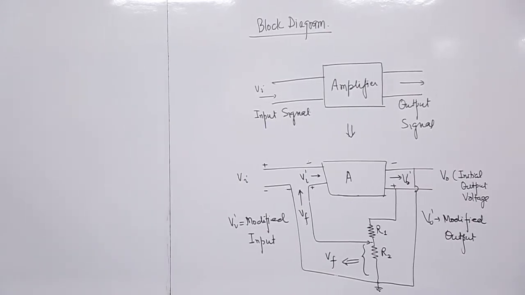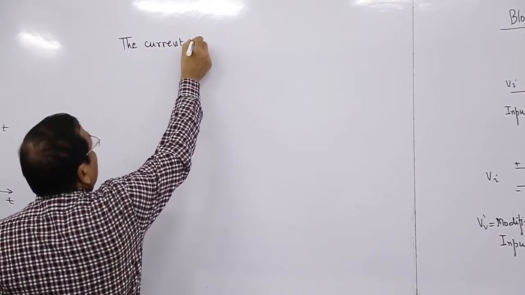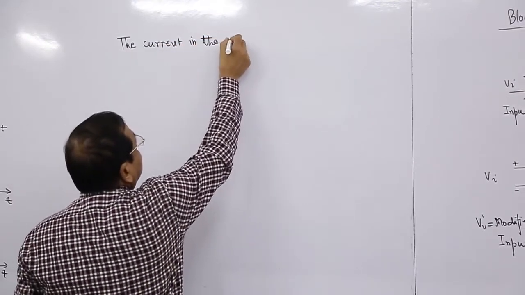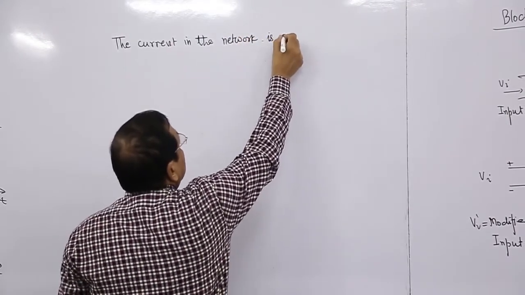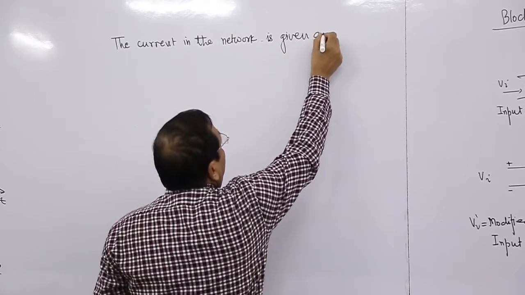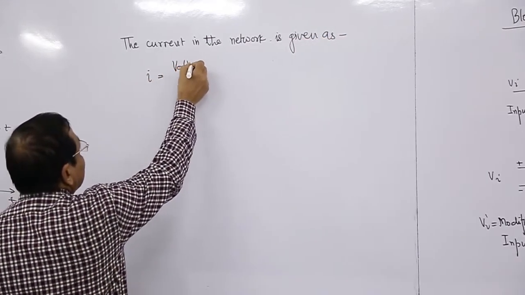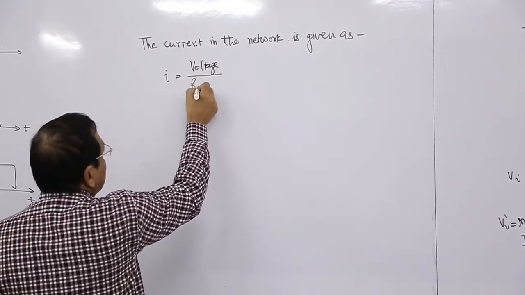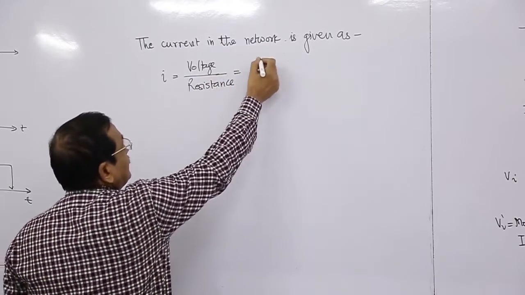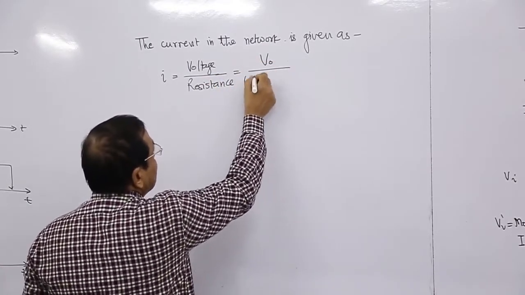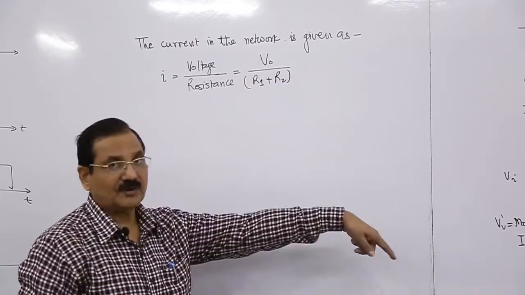So the current in the network is given as I equal to voltage upon resistance, and this voltage is V0 and the resistance is R1 plus R2.